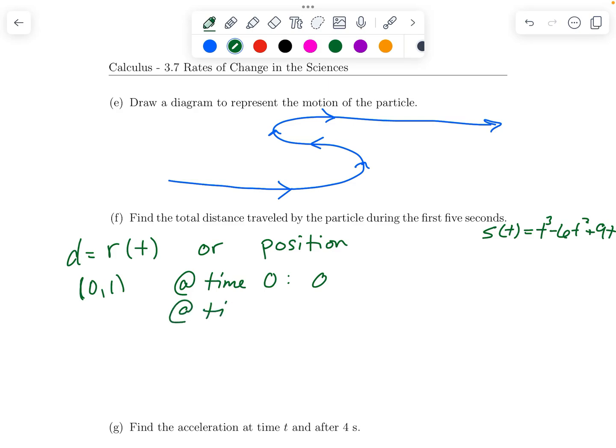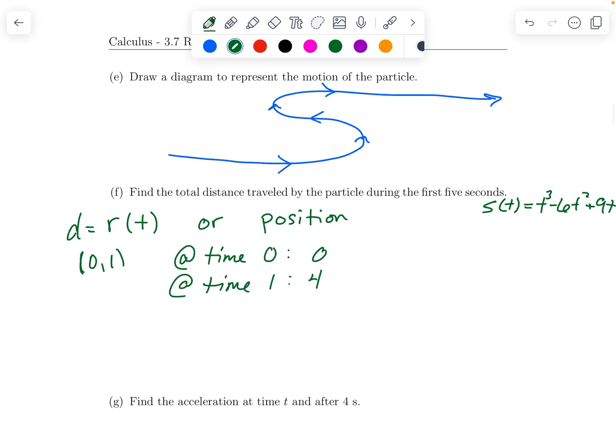At time 1, it's 1 minus 6 plus 9, I'm at 4. So from second 0 to second 1, I go 4 meters, or 4 units.